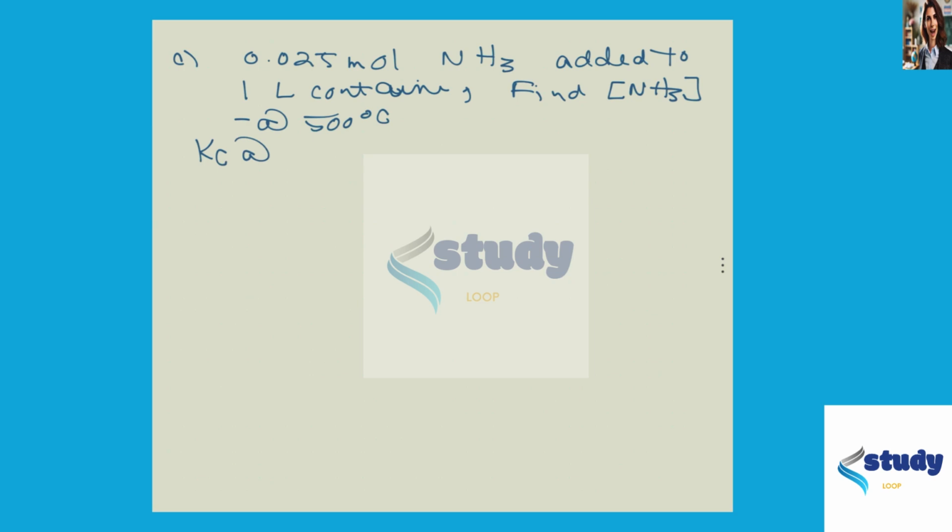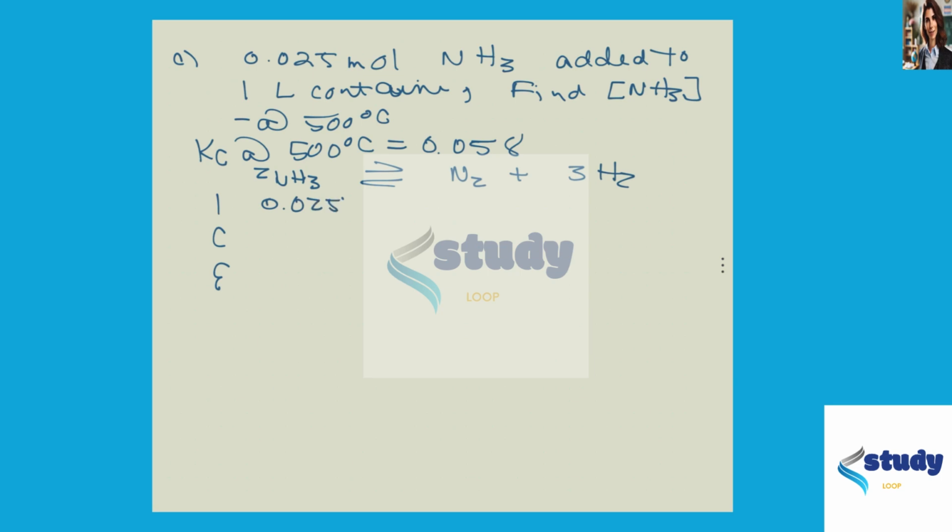At 500, we can see that our Kc, equilibrium constant at 500 degrees Celsius, is 0.058. That was given. So we're going to make an ice table. And it will be ammonia, in equilibrium with these two.